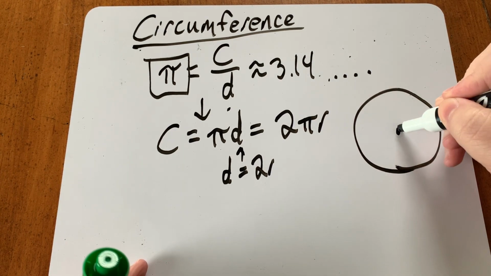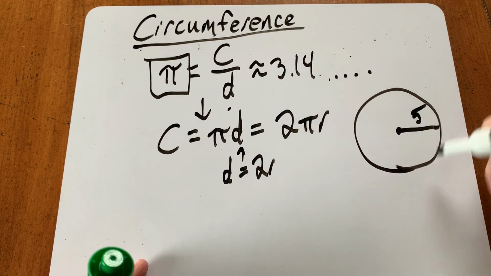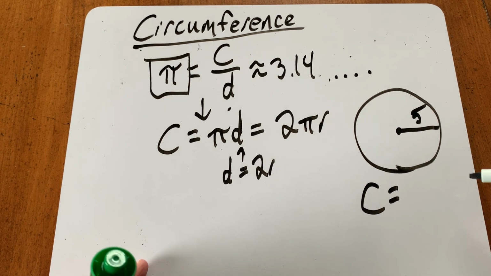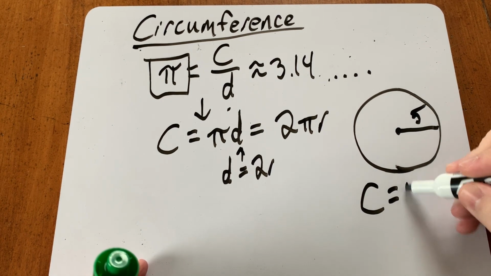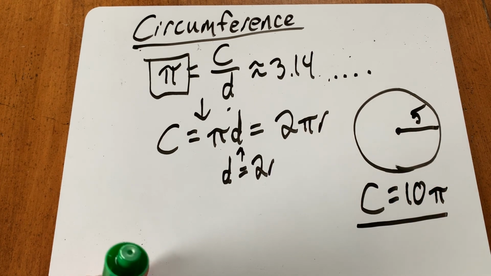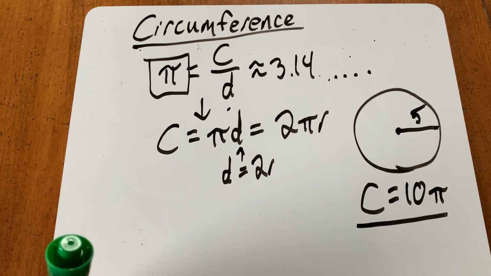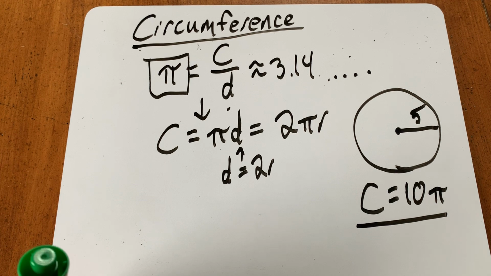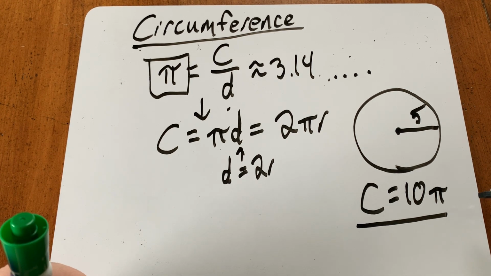If we have a circle with a radius of 5, the circumference is 2 times 5, which is 10 pi. We would leave it like this. We would leave it like that. This is what I'm expecting in this course.